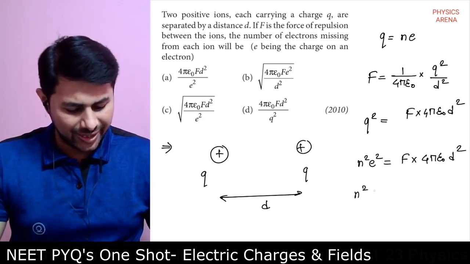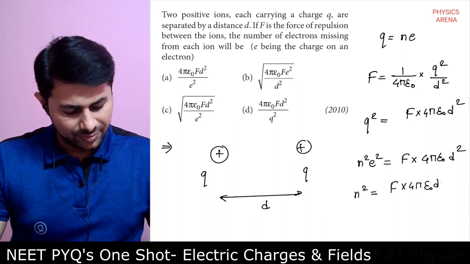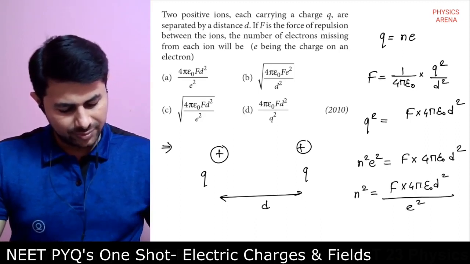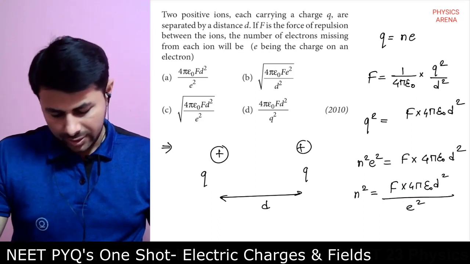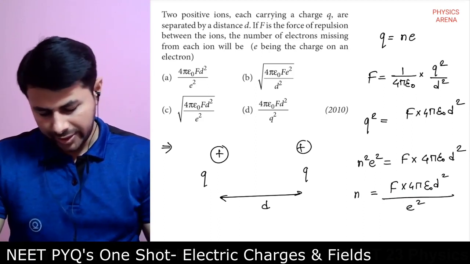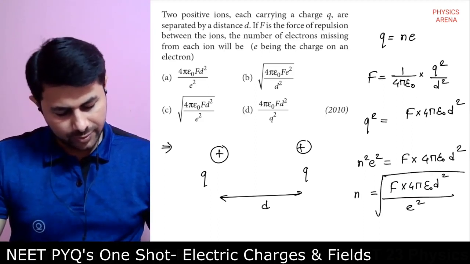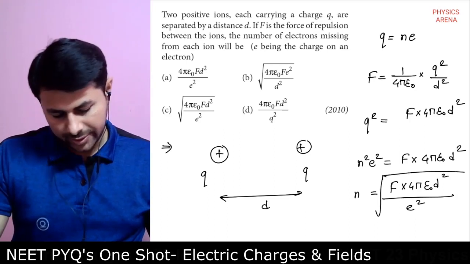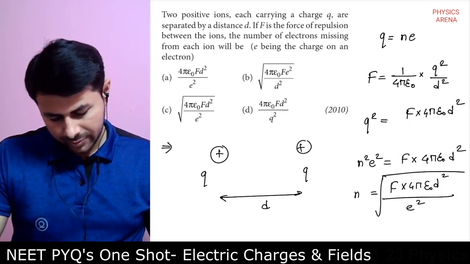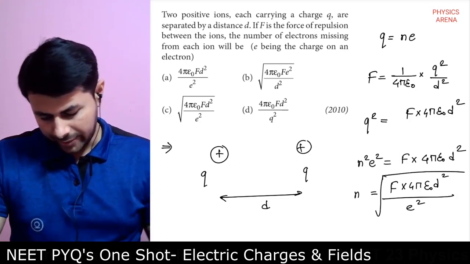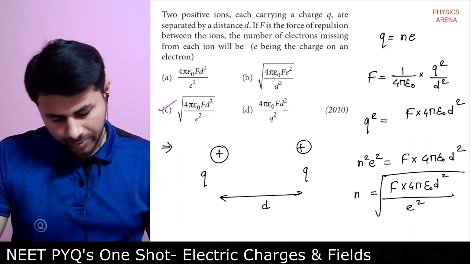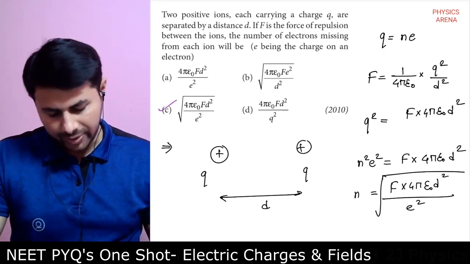Then we'll take the square root because we want n. So it will be the square root of this thing. It's option C: 4 pi epsilon naught F multiplied by d square divided by e square.